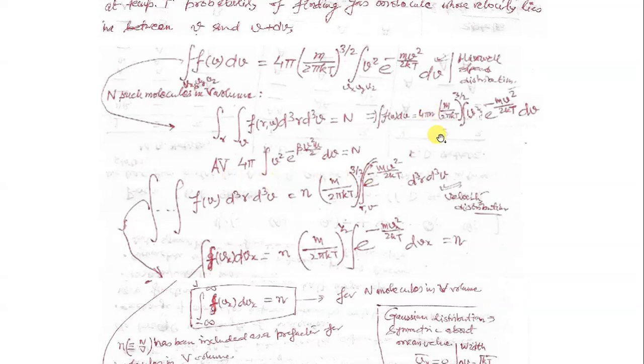So using this approach we can determine a component, the x component of velocity, f(v_x) dv_x, that is n (m upon 2 pi kT) power 1 by 2 integration e power minus m v square upon 2 kT dv_x, that is equal to n.